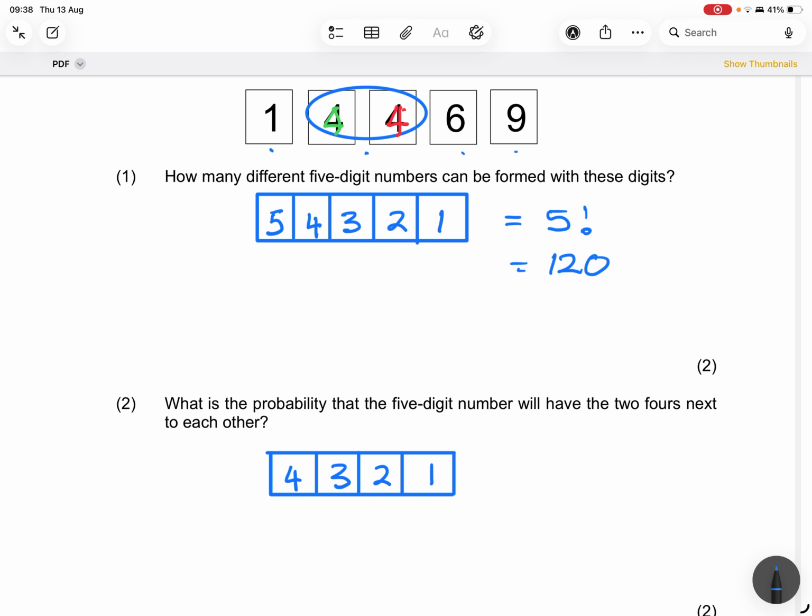So there's 2 ways in which we can place the 4s. So you can say this is actually multiplied by how I place my 4s. So I am also going to multiply by 2 factorial, or multiply by 2. So in that case, it's 4 factorial multiplied by 2 factorial.